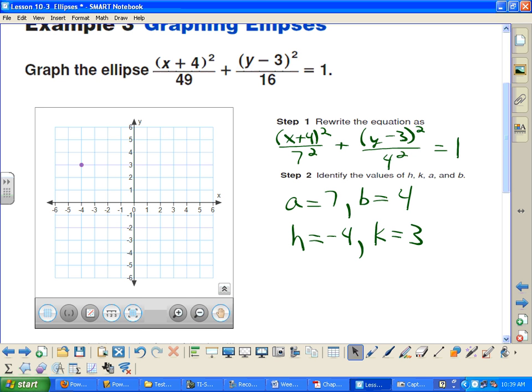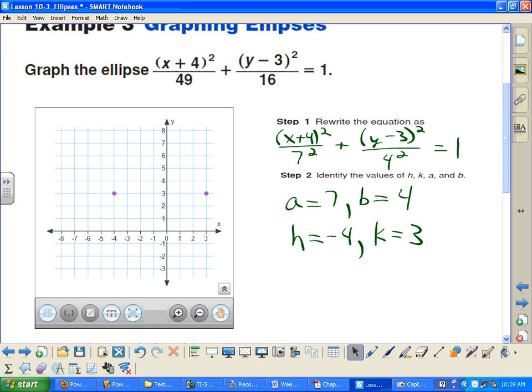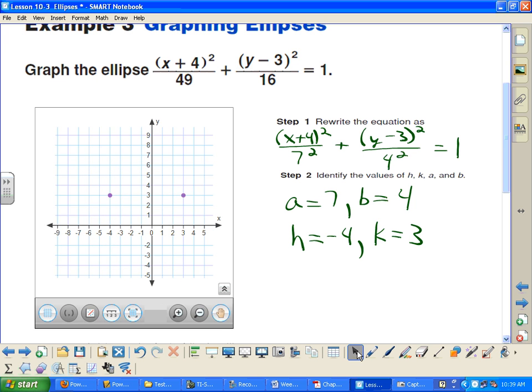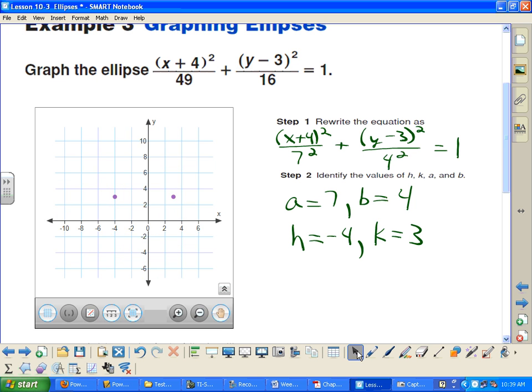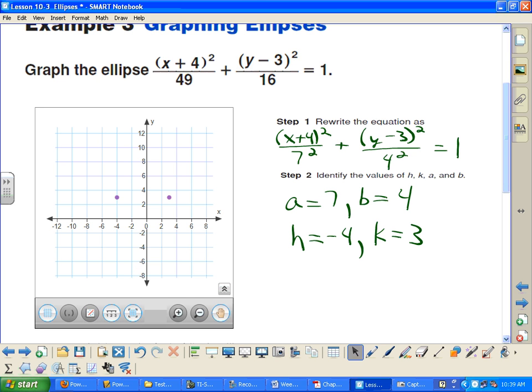Well, I can go 7 to the right, which puts me at 3, correct? But I have a problem going to the left, so I need to change my graph a little bit. Let's bring this down. So if I go 7 to the right, I'm at 3. If I go 7 to the left, I'm at, oops, need one more, -11. All right, so I've gone 7 left and 7 right from the center.